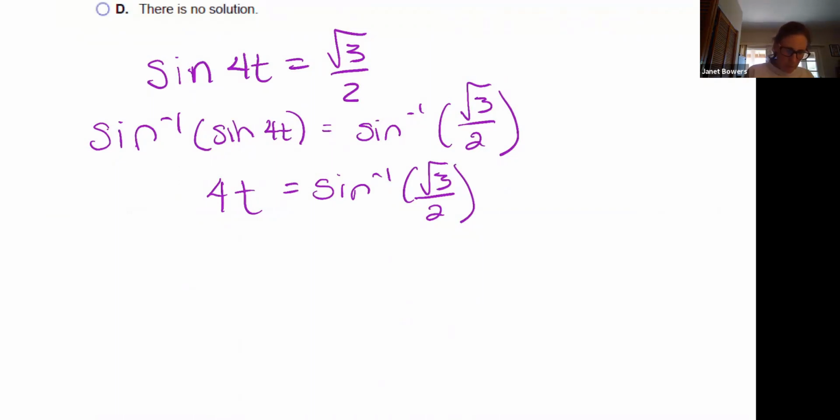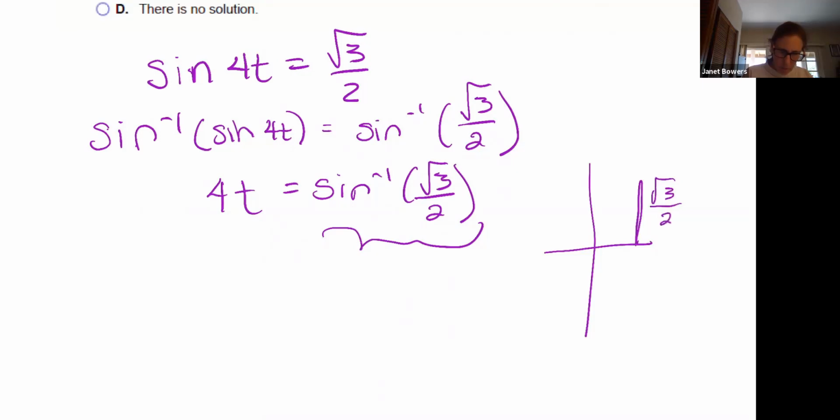Okay, so we're trying to evaluate, again, the arc sine of radical 3 over 2, or the angle whose sine is radical 3 over 2. So if I want to draw this, I want to say that the sine, which is the opposite side, is going to be radical 3 over 2.